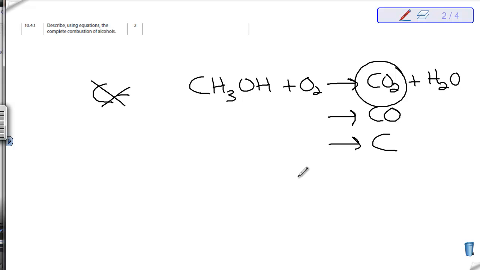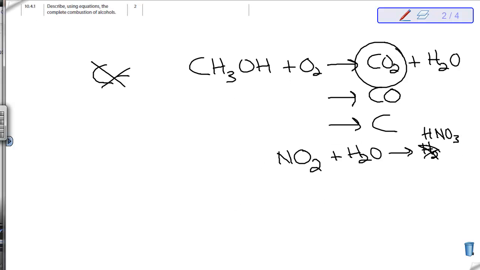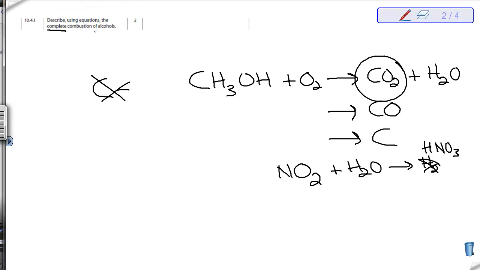Nitrogen can combine with oxygen to form compounds like nitrogen monoxide and or dioxide, which when they combine with water can form nitric acid, which when aerosolized or put out into the air can produce acid rain. So those are just some of the byproducts. Long story short, complete combustion, even though it's an alcohol, makes no difference: carbon dioxide and water.